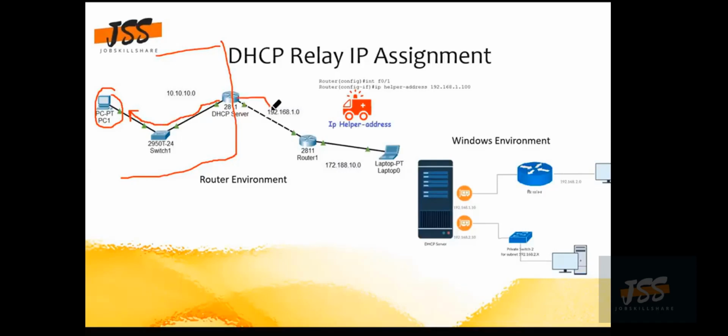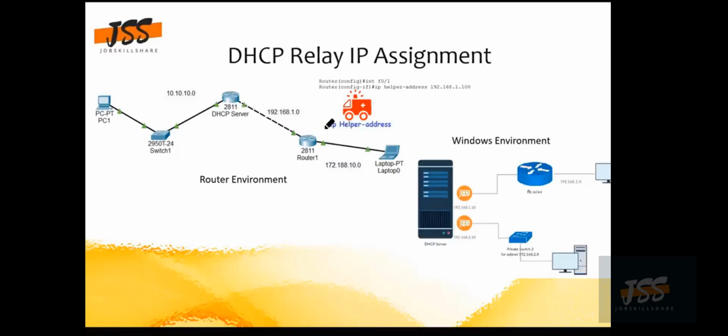But as you can take a look here, we have the segregation point here. This is one network. This is a totally different network. So this host machine is going to starve. It is not going to get the IP from the DHCP server.